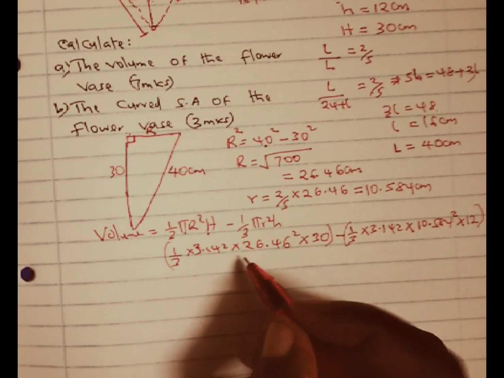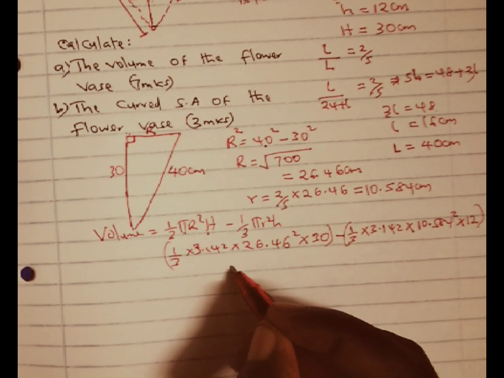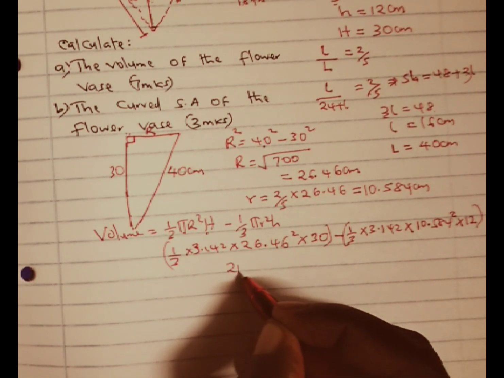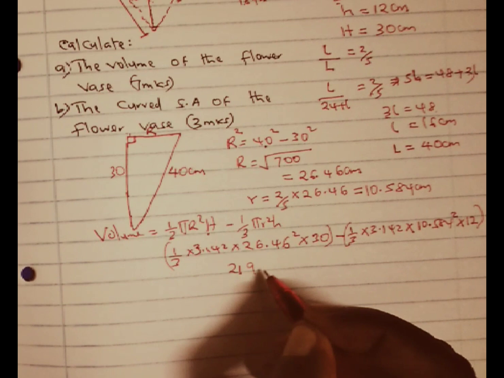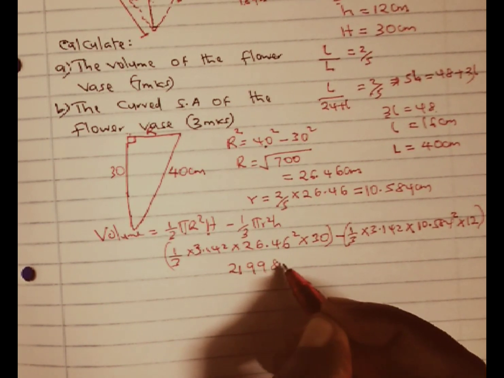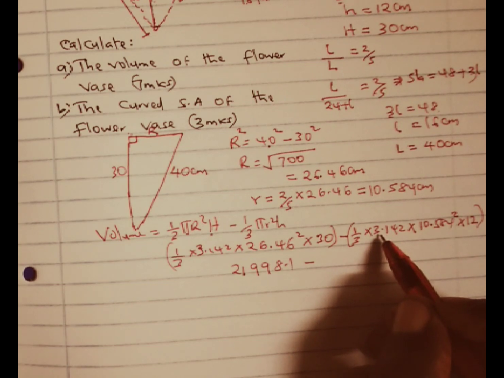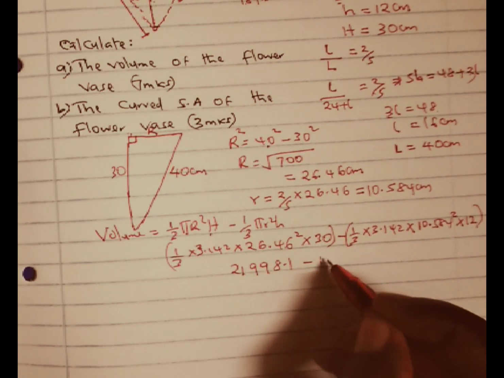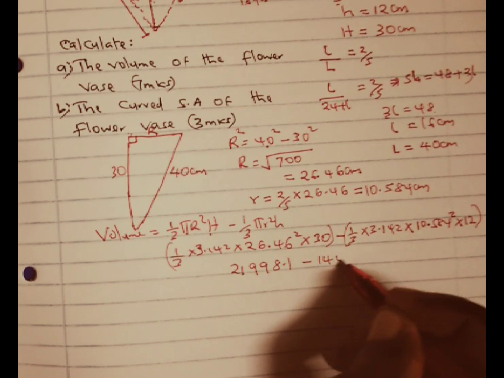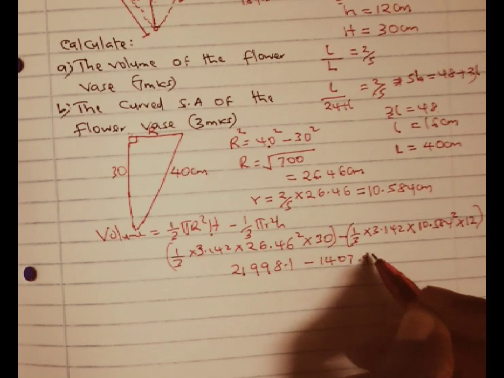So if you work out this part, we are going to get 21,998.1 minus, you work out the volume of the smaller cone, you are going to get 1407.9.